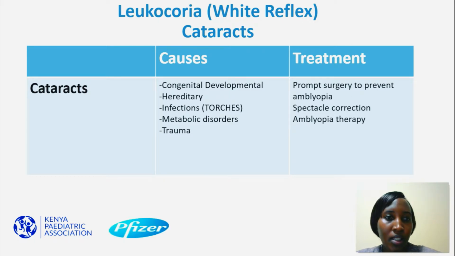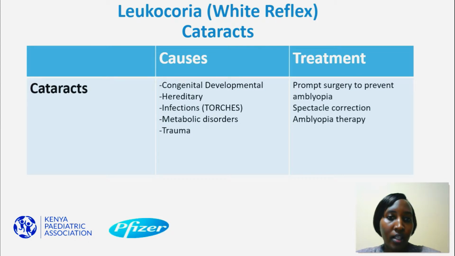Most of the cataracts in children are either congenital or developmental, but we have quite a number as a result of infections, especially the TORCHes, and metabolic disorders. Other causes include hereditary factors and trauma.